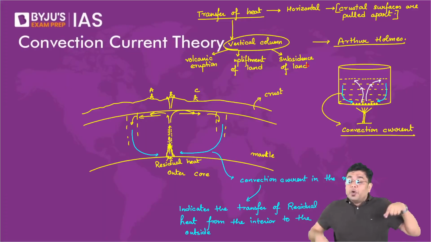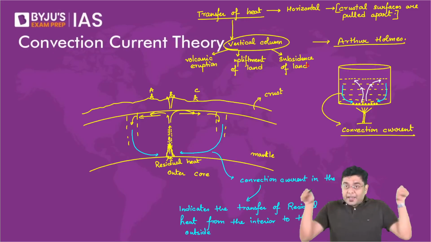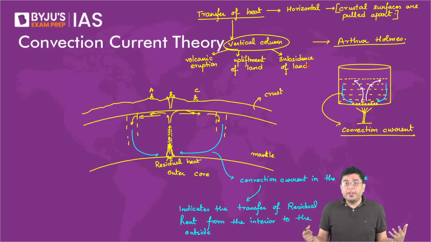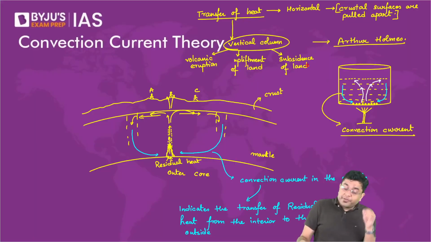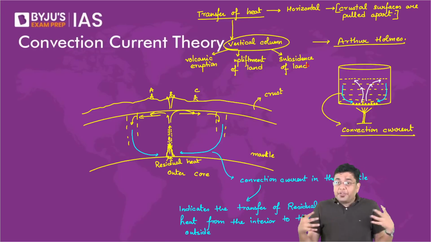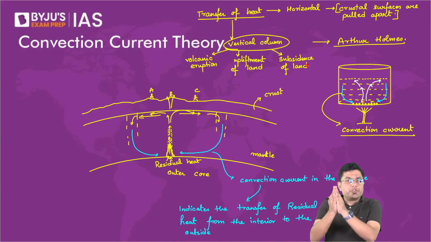And in fact, once you understand how that convection current operates and why that convection current is initiated in the first place, because of the residual heat which has been trapped in the interior. That residual heat, when it is emitted, melts the portion of the mantle as it is traveling upwards.